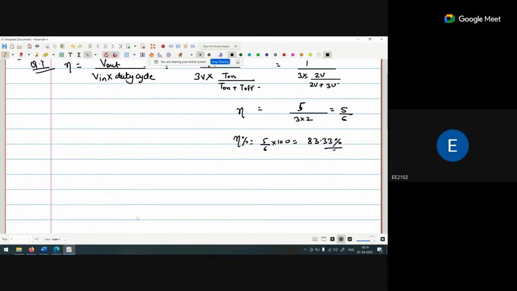Okay, the formula for del V out upon V out. So del V out upon V out is equal to R1 upon R1 plus R2, which we solved in our class, times del of R1 by R1 plus del of R2 by R2.